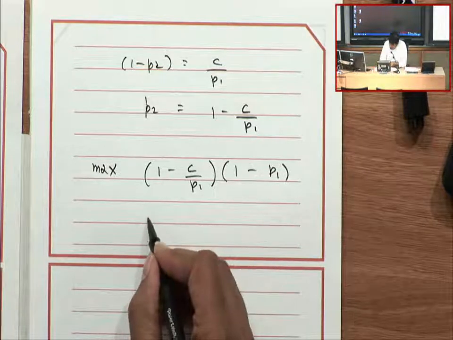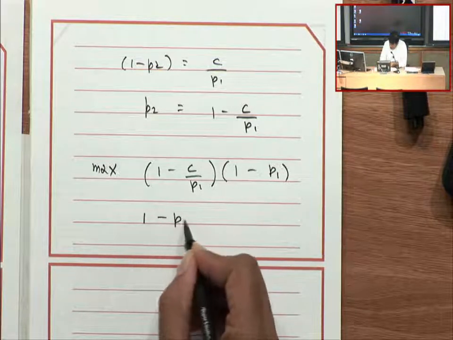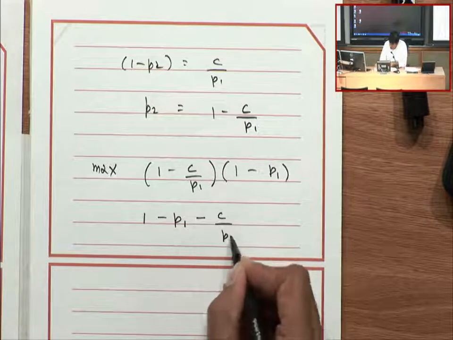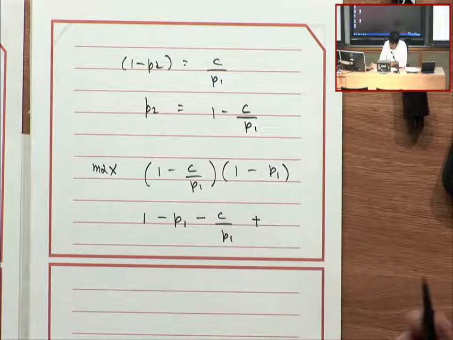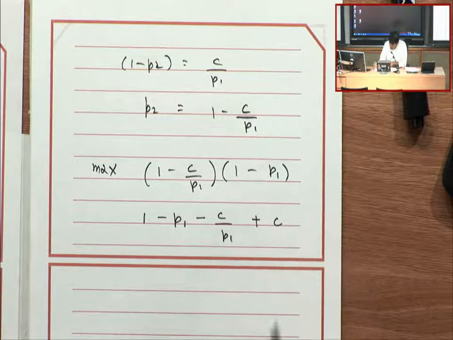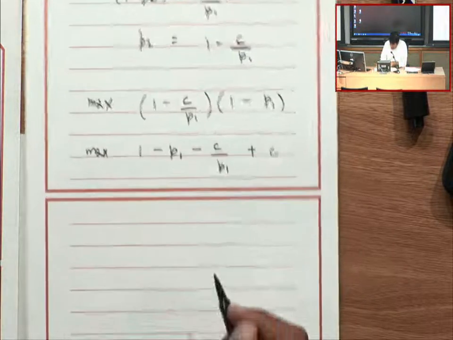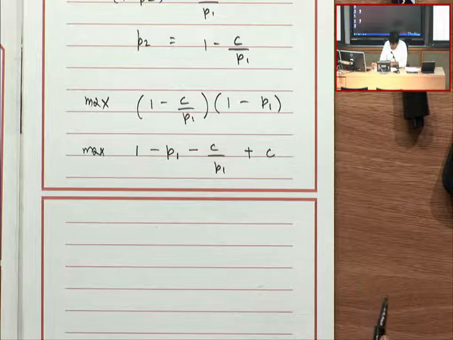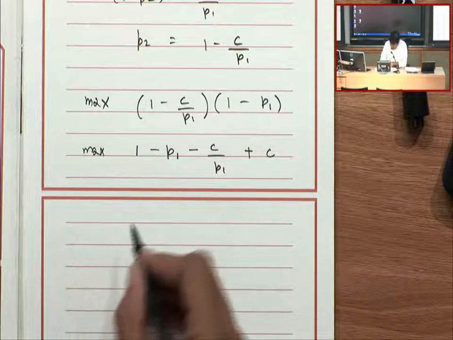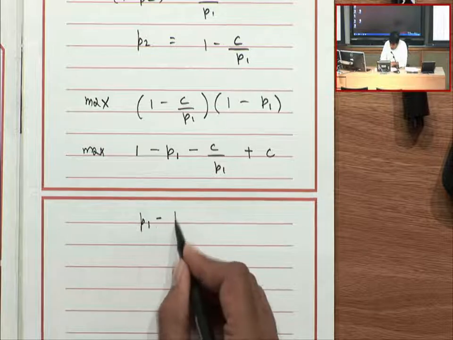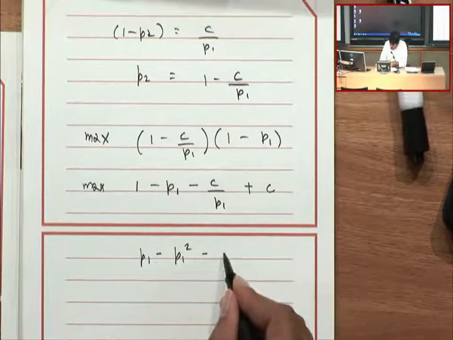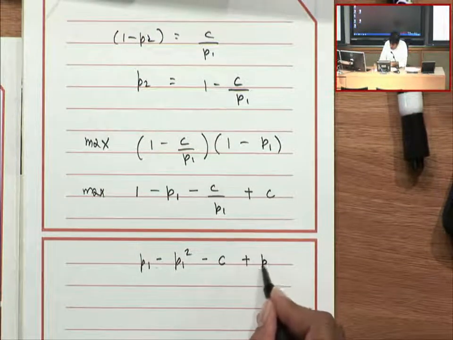So this is 1 minus P1 minus C over P1 plus C, which, if P1 is not 0, could be written as P1 minus P1 squared minus C plus P1.